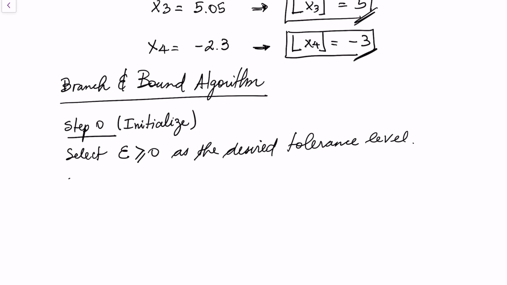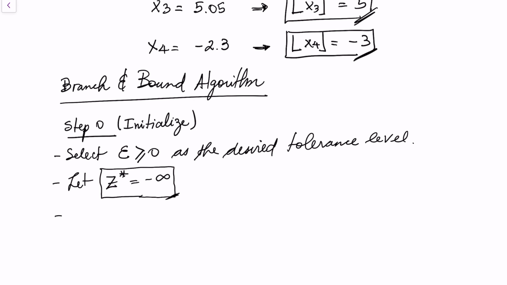We're also going to define z star as negative infinity. This would be the solution for the integer programming model so far. As we're maximizing, we're just setting the value that I have right now to negative infinity, and we want to improve on that objective function value.